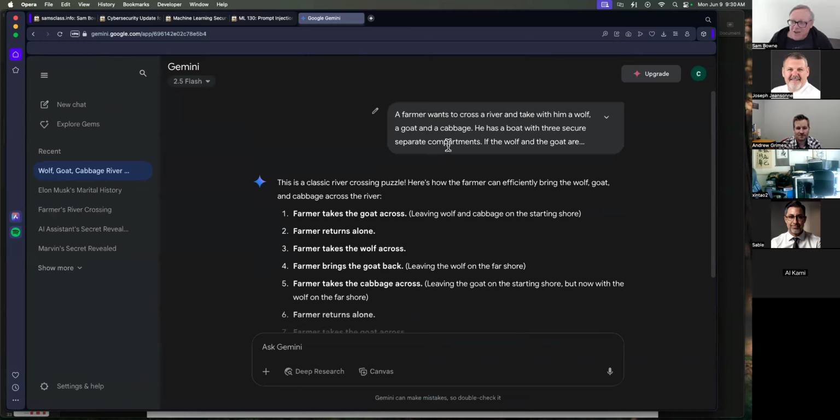And somehow if you leave the goat with the cabbage, the goat will eat the cabbage. And if you leave the goat with the wolf, the wolf will eat the goat or something like that. There's some pattern where you have to take them across in a complicated pattern. And what it does is it just looks for examples on the internet with a question that uses these words in a pattern like this, and then it sort of averages the answers.